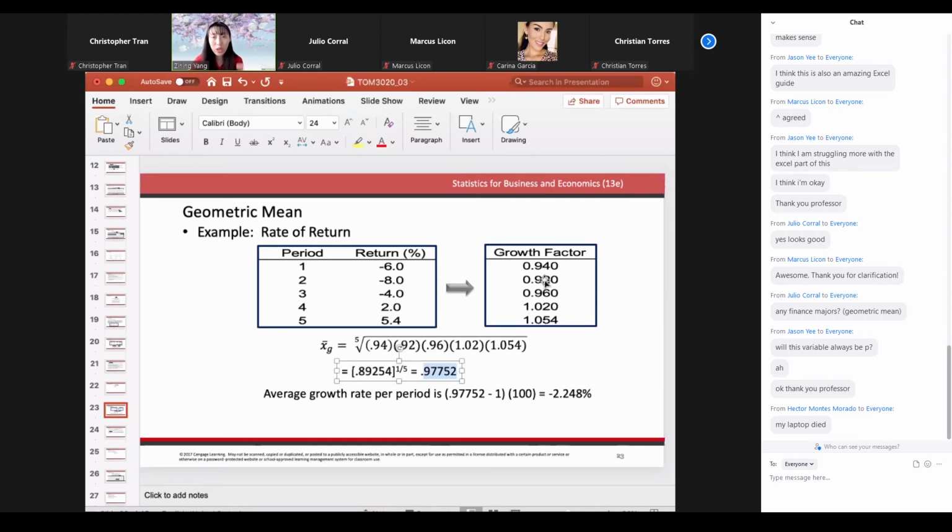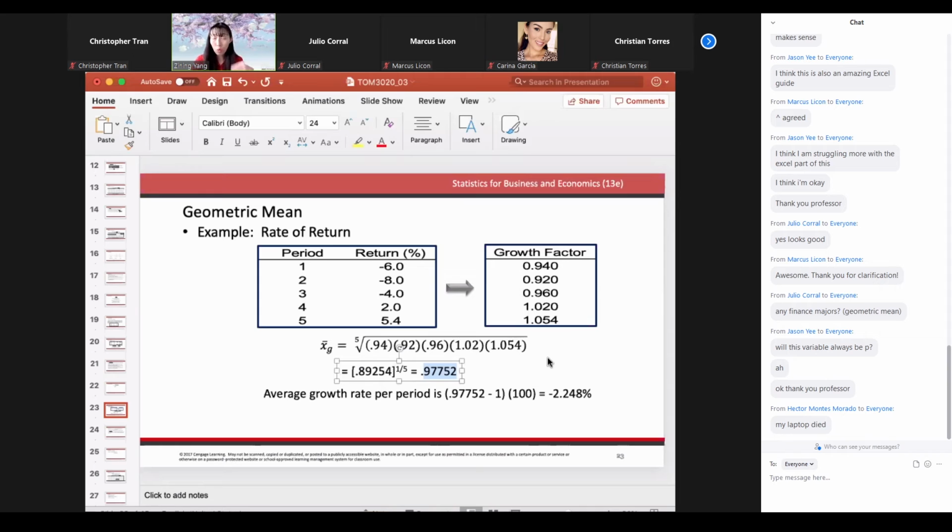Then you end up with 0.9775, which again is the growth factor, right? Because here you are multiplying and taking the 5th root of growth factors, so your calculation is a growth factor. So that's 0.9775 or 97.8% growth factor, which is lower than 100%.